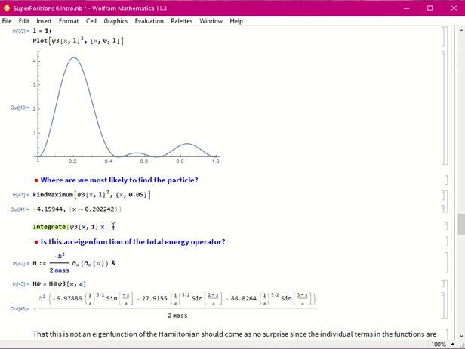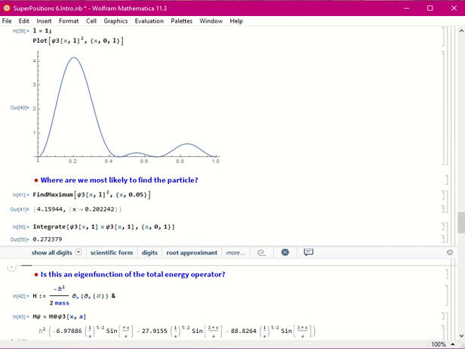I've written it out as we did earlier, but to make it clear, in this case, because our operator is just multiplication by x, this is just x times the wave function squared. We integrate between 0 and 1, and we find the average is 0.27.